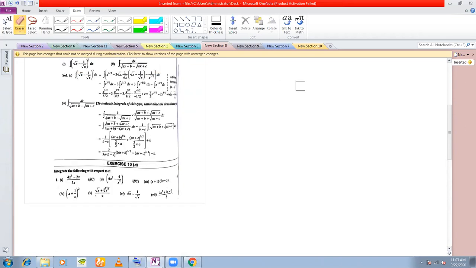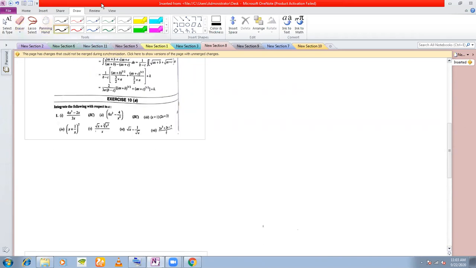At 15, the question here is I equal to the integration of (root x plus cube root of x square) divided by x, and this entire thing dx. So root x can be written as x to the power of half, and cube root of x square can be written as x square to the power of 1/3, divided by x.